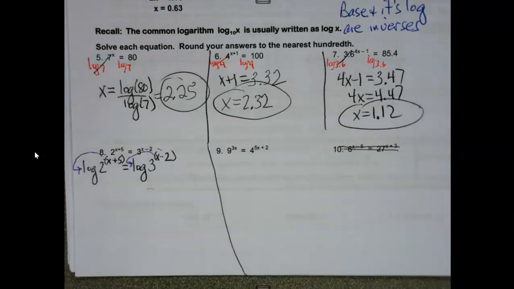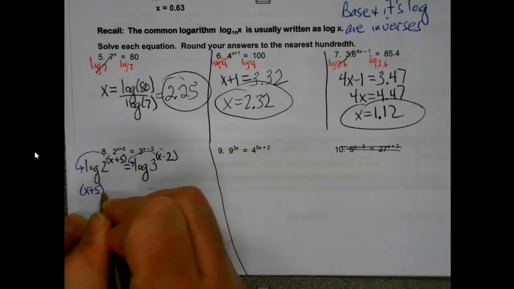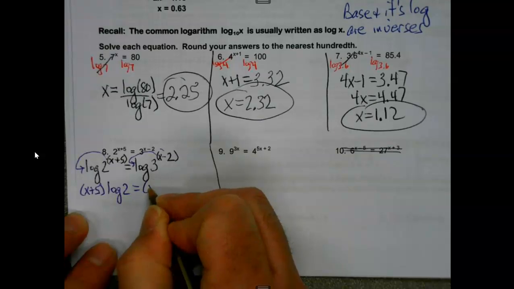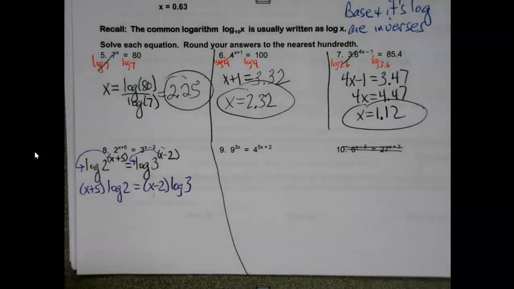So this x plus 5 and this x minus 2 are going to be coming down in front of these logs. Now at first you may be like, how are we actually making progress here? This kind of looks like we're going backwards. We are not going backwards, I promise you. We log it up, pluck that out here. Now, it's going to start to come into show here very quickly.